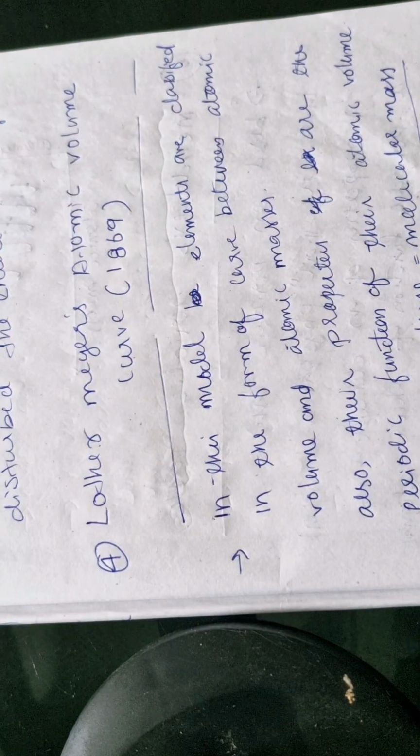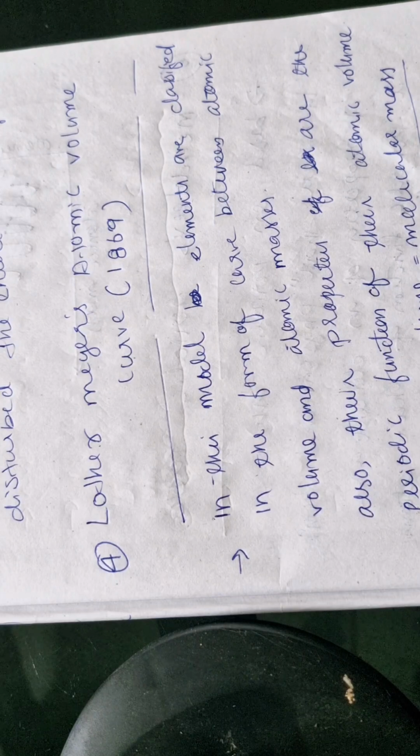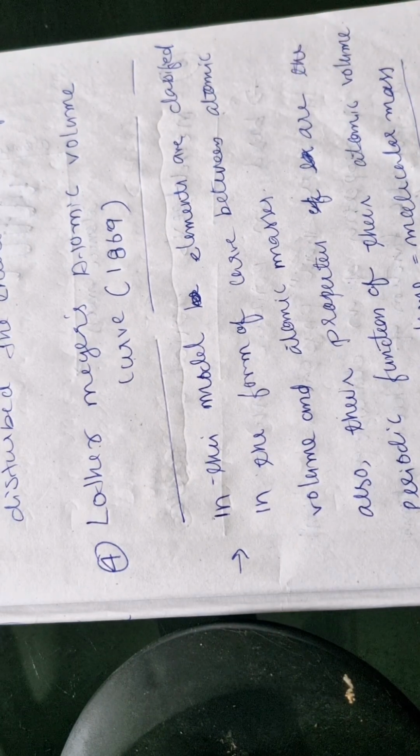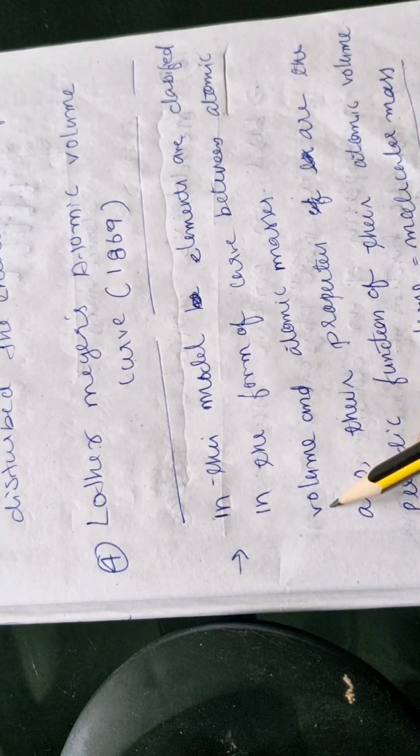Then the next theorem, the fourth theorem, is Lothar Meyer's atomic volume curve, and this theory was made in 1869. In this model, elements are classified in the form of a curve between atomic volume and atomic mass. So here he not only considered the atomic mass but also the atomic volume.